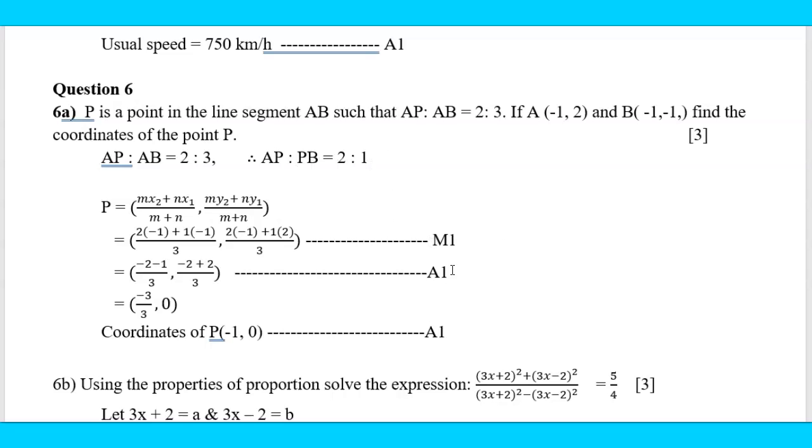Then using the correct section formula, showing the substitution in the section formula, you will get 1 mark; you cannot write the step directly. And getting the values of the coordinates of P, you will get 1 mark.